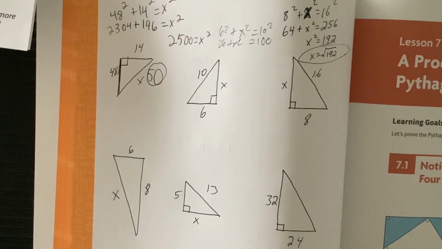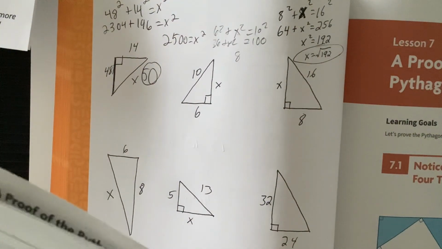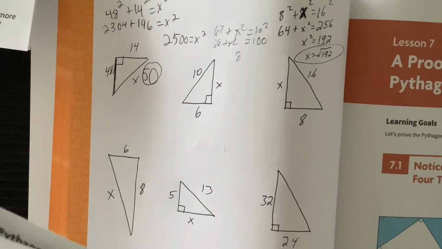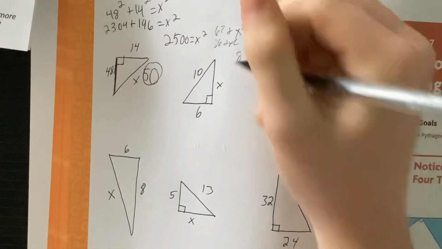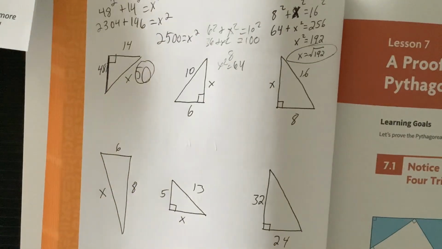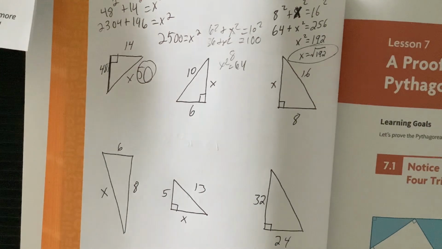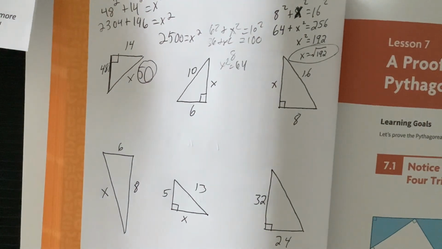Yeah, so probably should write x squared equals 64. Write that down for me right there. X squared equals 64. You got to take the square root, which is how you get it. Alright, well done. Who at bottom left? Claire.